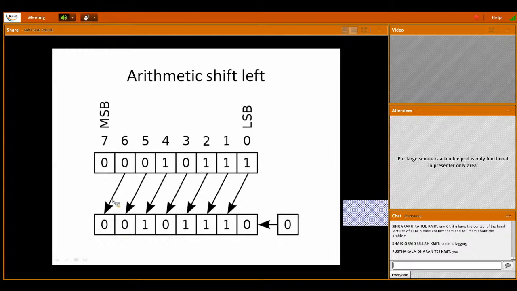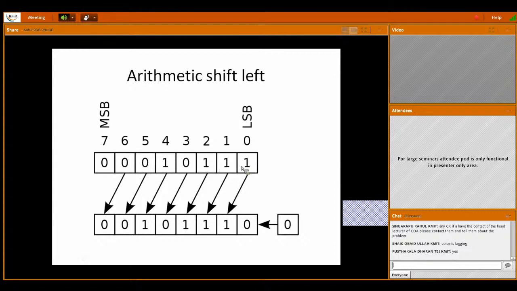When you move to the left side, you are left with an empty LSB position. Therefore, there you can include a serial input of 0 at the LSB position, which is just equivalent to your shift left operation. Now, here we are performing an arithmetic shift left operation.